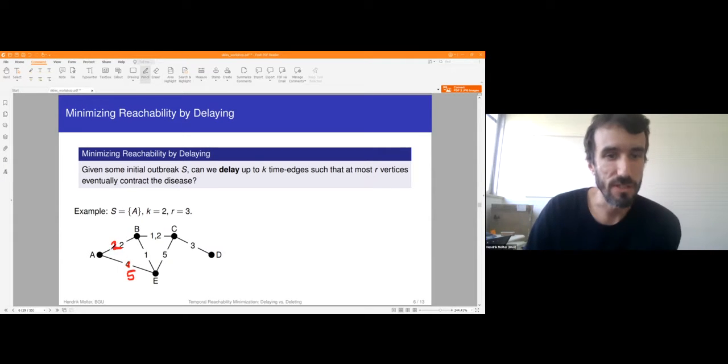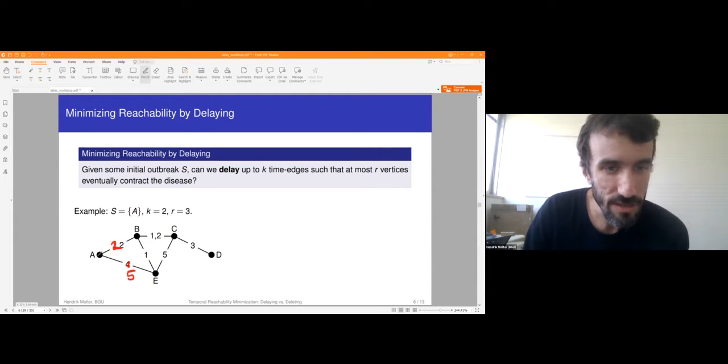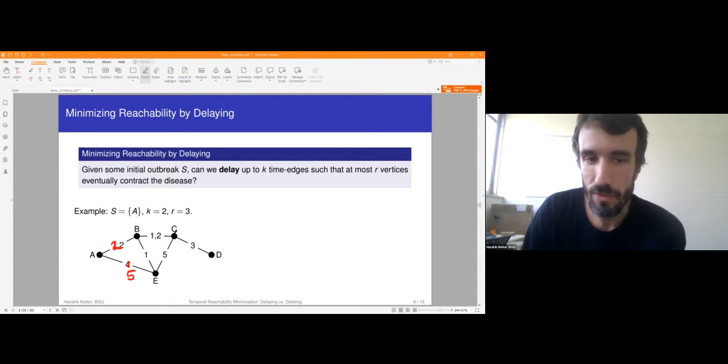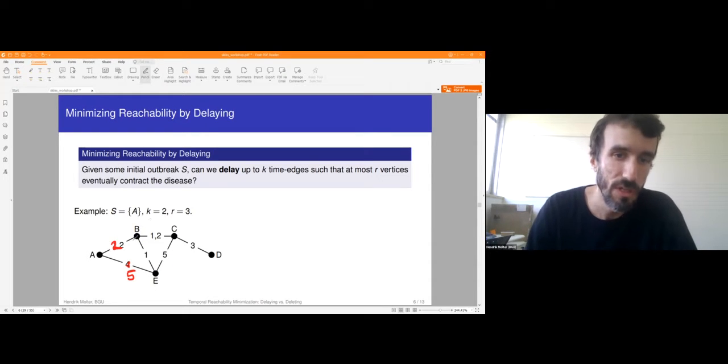And what we can see now is that A can reach B and E, but none of the other vertices from there, because we arrive at the respective vertices so late that we cannot continue in a strict fashion anymore. So the number of infected vertices is 3, as we wanted in this case, these 3.